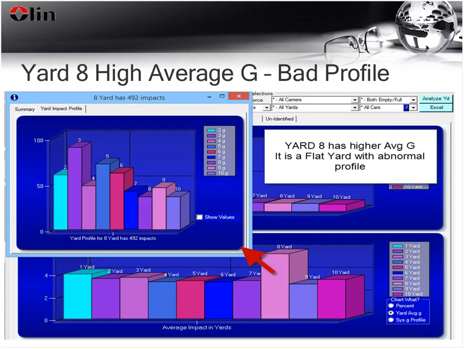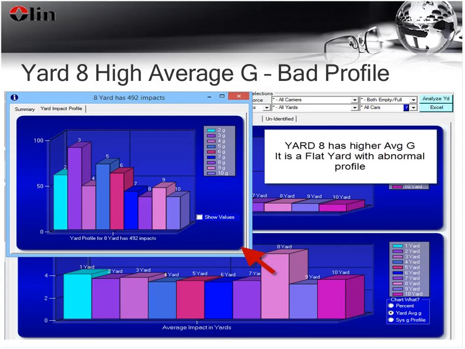So you're able to look at the average G force per yard. And when you do that, you see that yard number 8, in this case, when I click on yard number 8, I see that it doesn't have a normal yard profile.